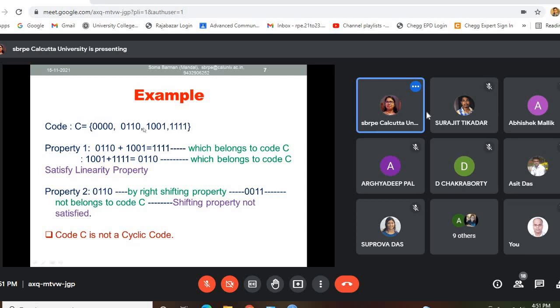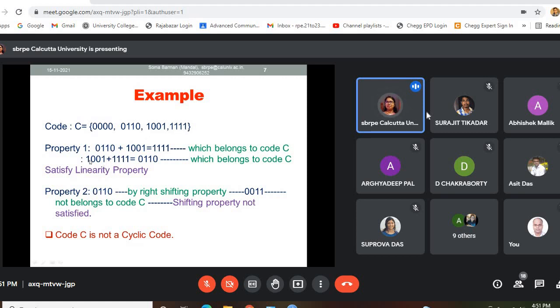So if I add 0110 with 1001, what does the addition give? 0 and 1 is 1, 1 and 0 is 1, 1 and 0 is 1, 0 and 1 is 1. So 1111. This 1111 is a valid code word that is also contained within the code C. Now check for the other: 1001 added with 1111, where all additions are XOR.